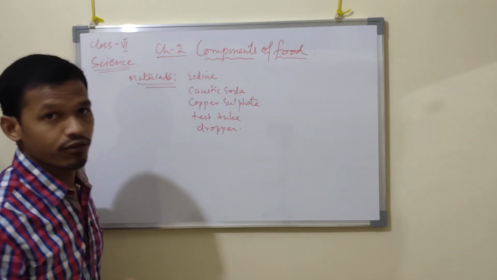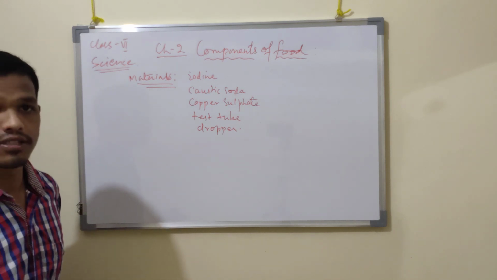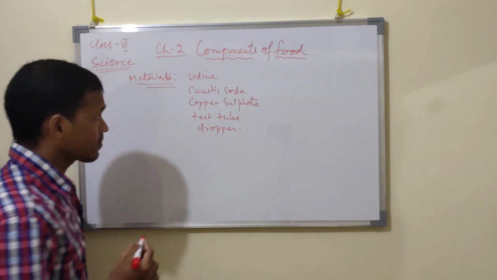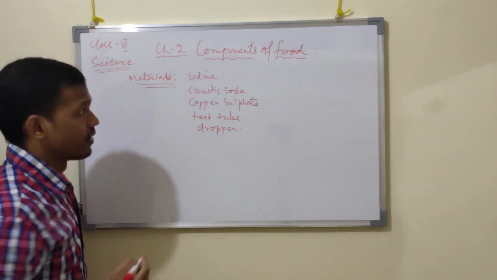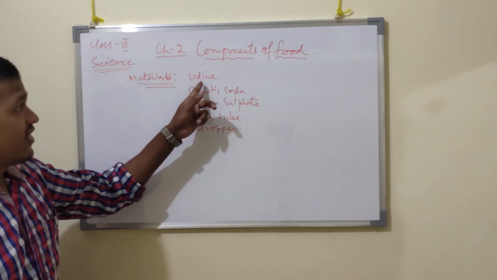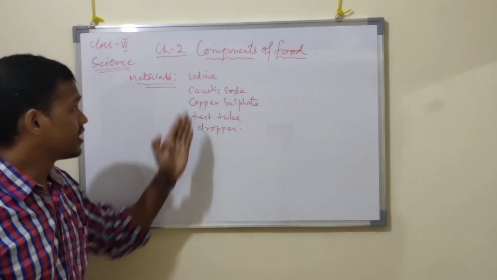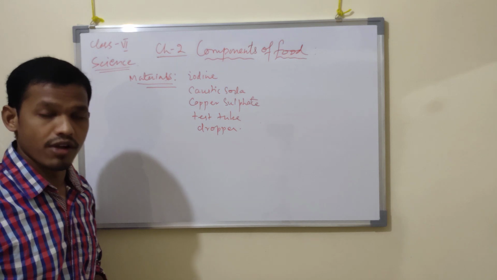These are the materials required to test whether the food items contain these nutrients or not. If these solutions are not available in ready-made form, we have to prepare them.